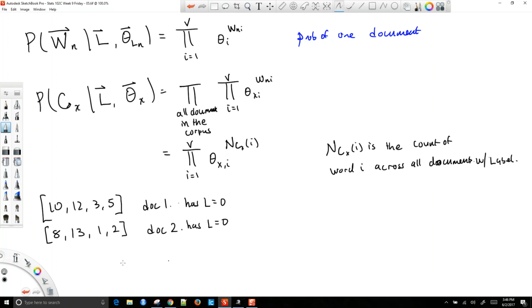Basically for the total documents, if this is our entire corpus, our corpus for 0 is basically 18 times we saw the word apple, 25 times we saw the word banana, 4 times we saw the word cat, and 7 times we saw the word dog. And this is our natural counts here.